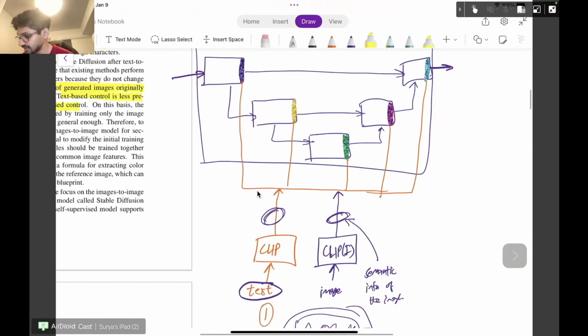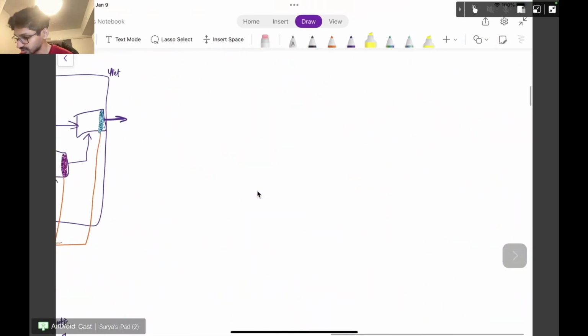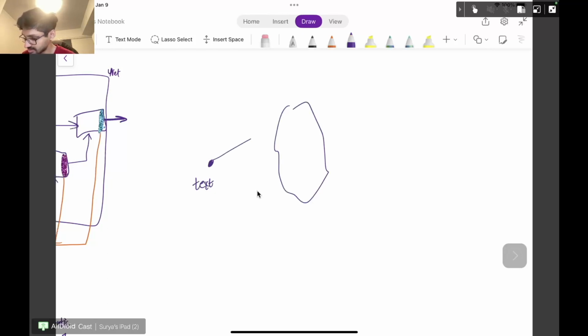The authors argue that the problem with this kind of approach is that if you think of your text to stable diffusion, and let's say this is your text embedding, the same text can generate a bunch of images based on your conditioned noise.